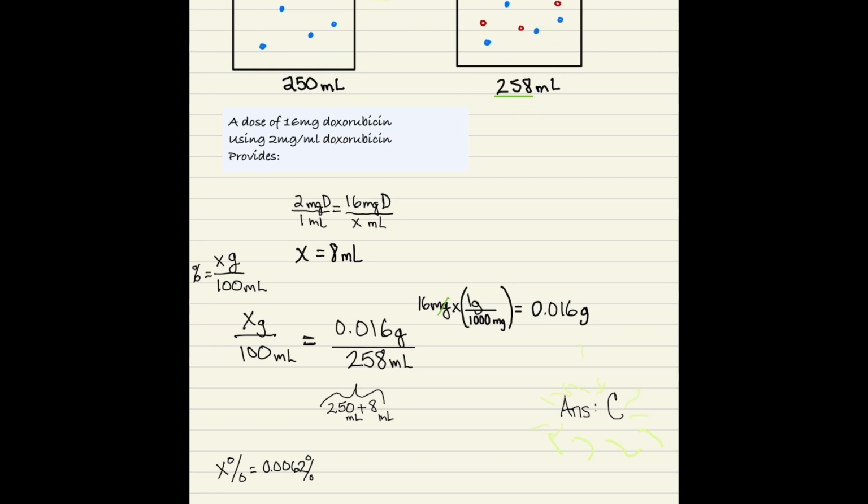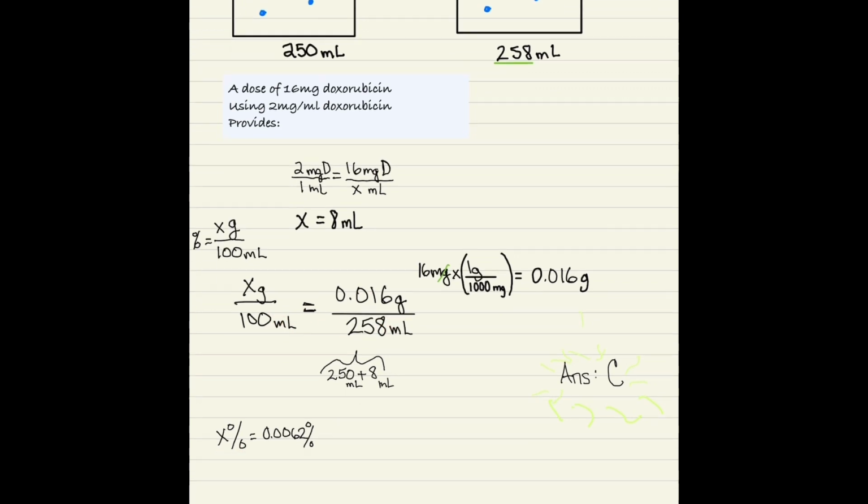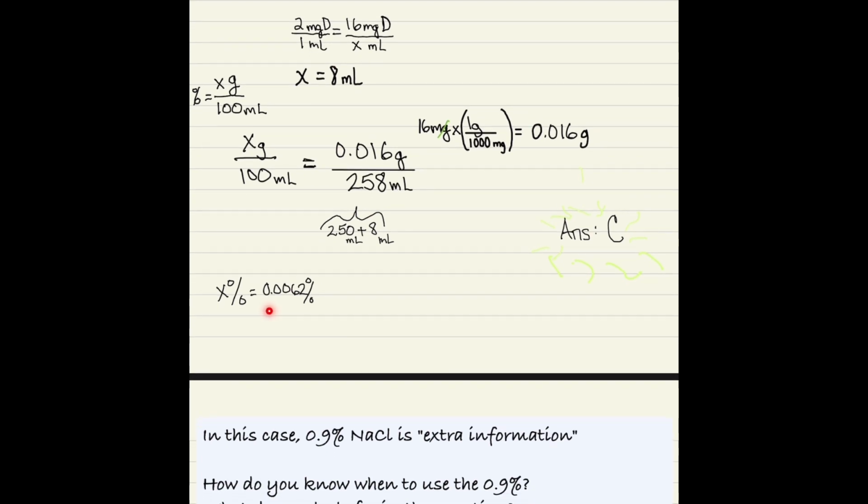I enter the 258 milliliters on the bottom, and we remember we got 250 from the normal saline and 8 milliliters from the doxorubicin. Now I just cross multiply and divide, and I'll get my X%. After I do, the answer comes out to 0.0062%. So the answer is C.